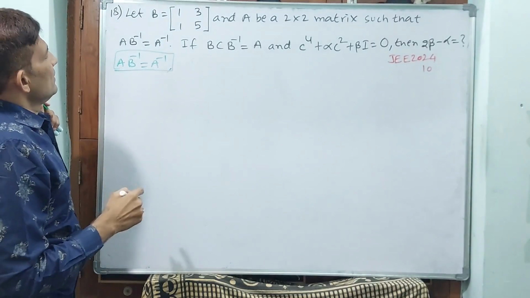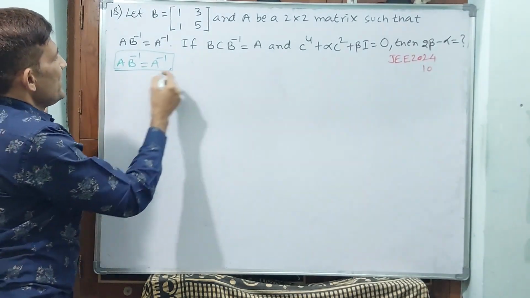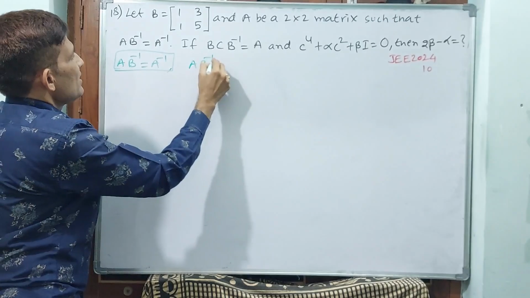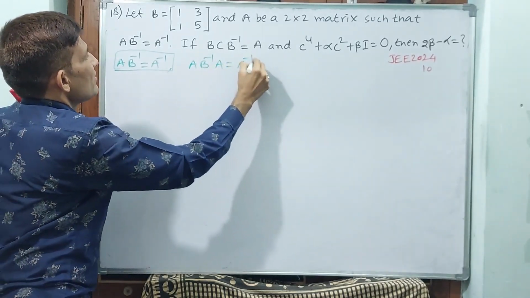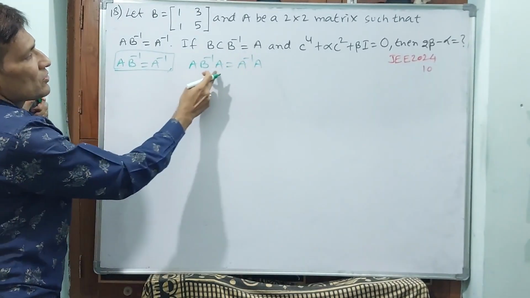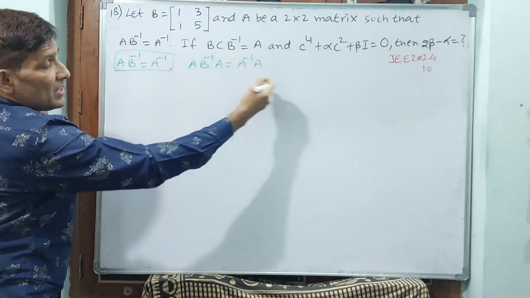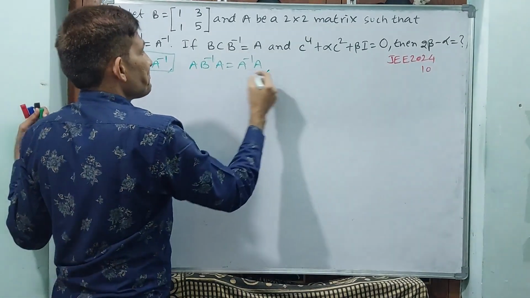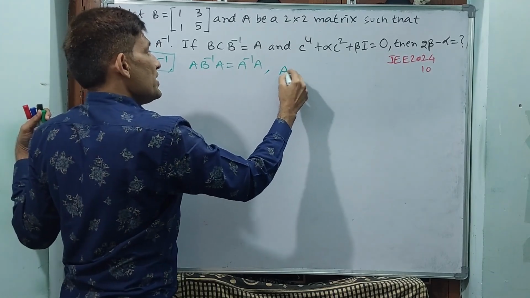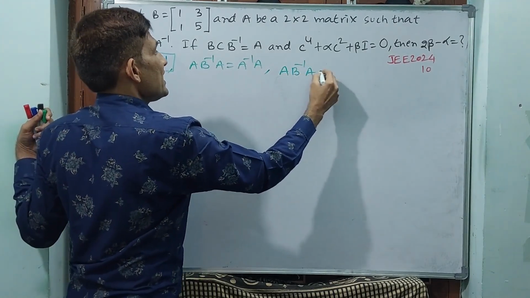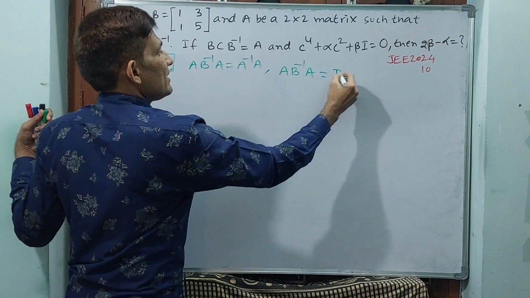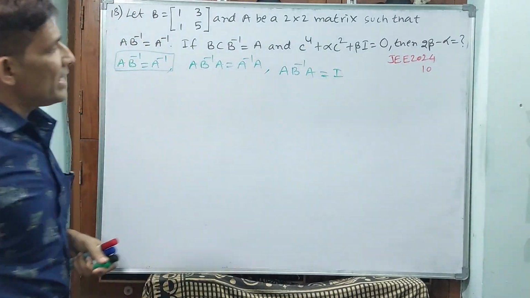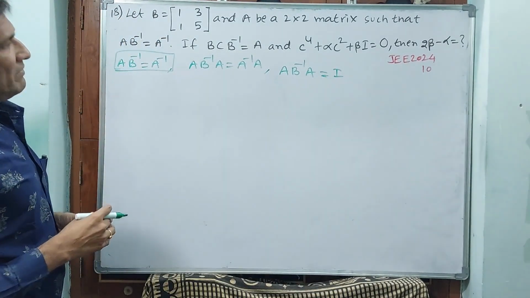Let us see. A B inverse A is equal to A inverse A. That means both sides I have multiplied with A on the right side. You keep A B inverse A like this only, but A inverse into A is going to become I, we know very well.